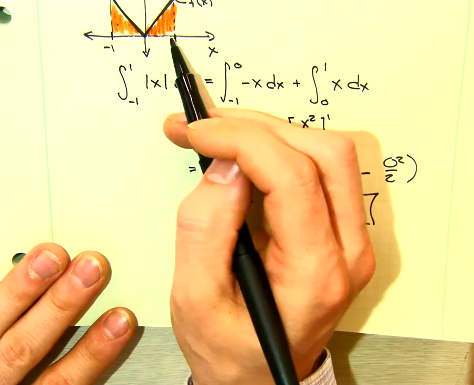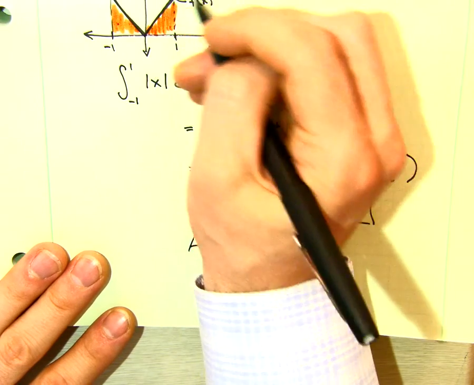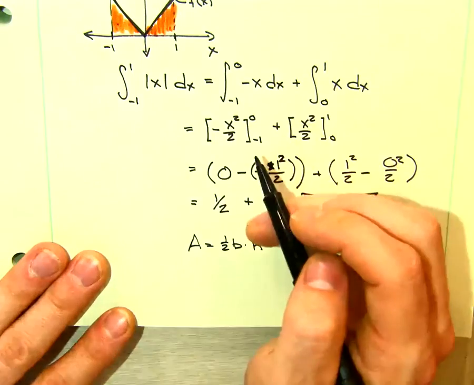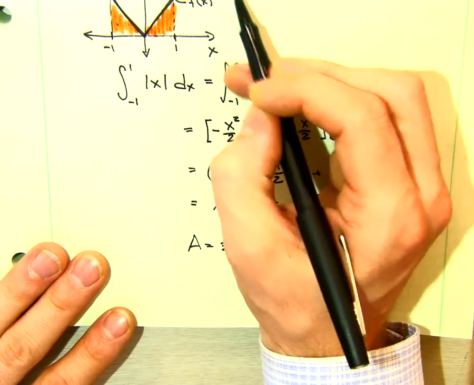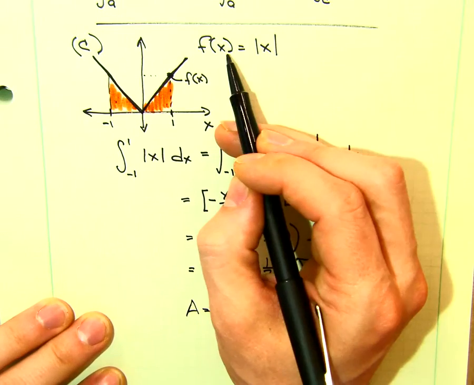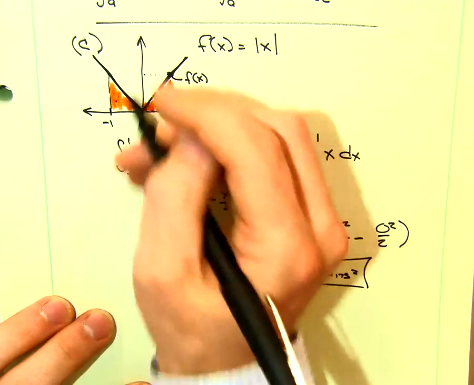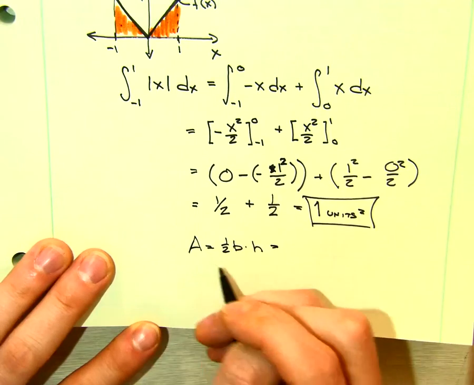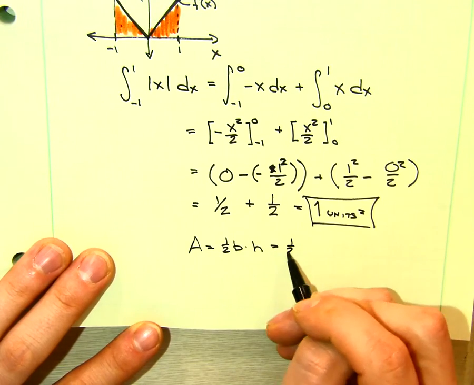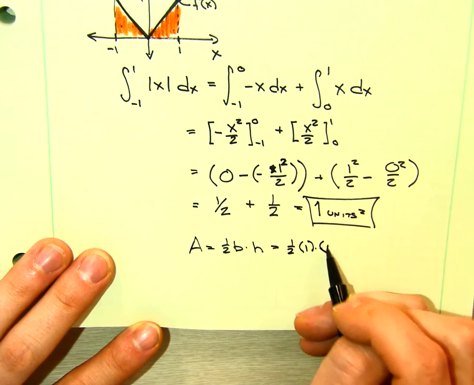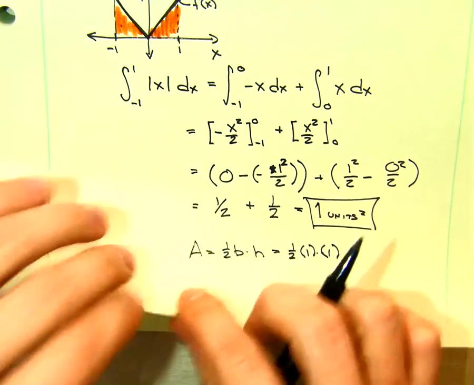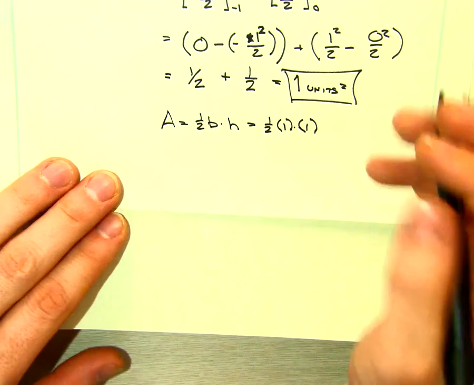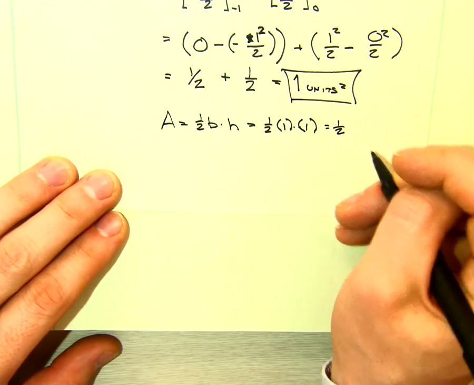Now my base is 1, and for my height I try to figure out what my y value is here. If I plug in 1 here, my y value is going to be 1. So sure enough, this is going to be 1 right there. So if I use the area of the triangle that I know, I get 1/2 of 1 times 1, which is just equal to 1/2.